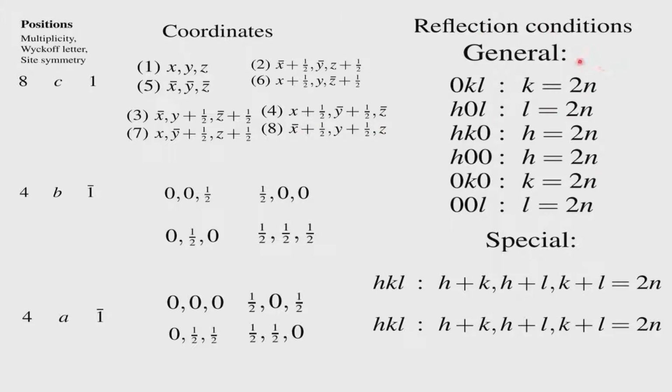The general conditions are 0KL: K even, H0L: L even, and HK0: H even. What does this represent? This represents B, C and A glides, and the association of these 3 with respect to A, B, C makes it PBCA, but the systematic absences are with respect to A, B and C all 3 together.